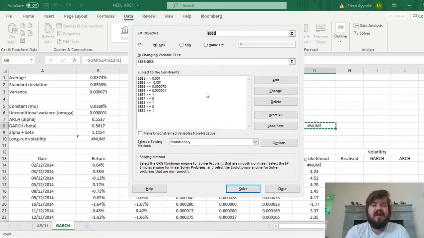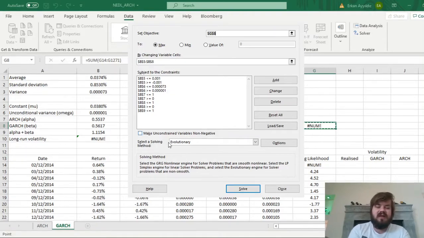If they are set at the boundaries, so for example our constant would be 0.1%, or very near the boundaries, we can suspect that the choice of these arbitrary constraints has impacted the search algorithms, so we might want to revise those. If, on the other hand, the parameter values are comfortably inside the boundaries we have specified, we can be reasonably sure that the selection of those constraints did not impact the optimization process much.